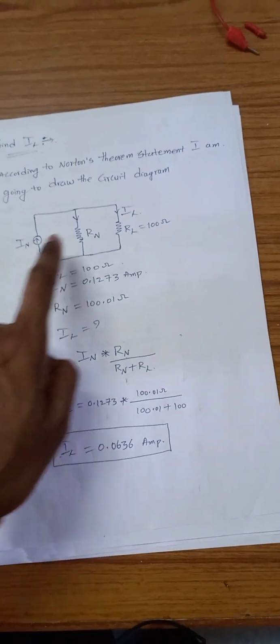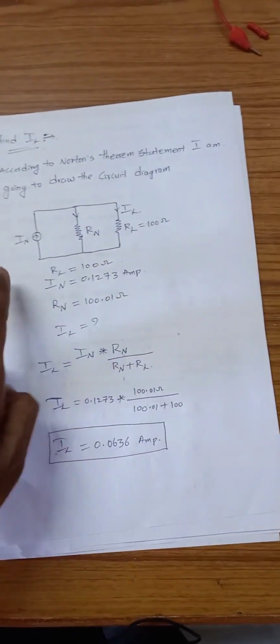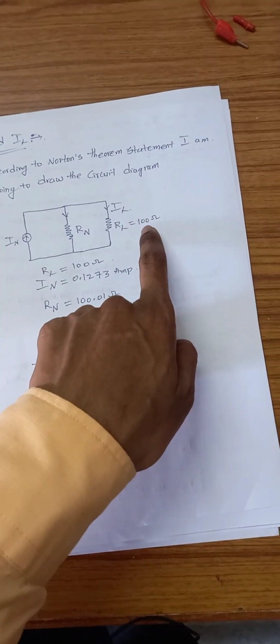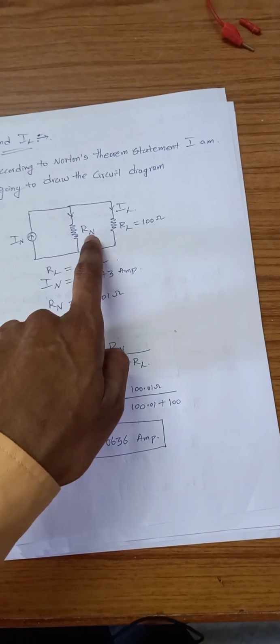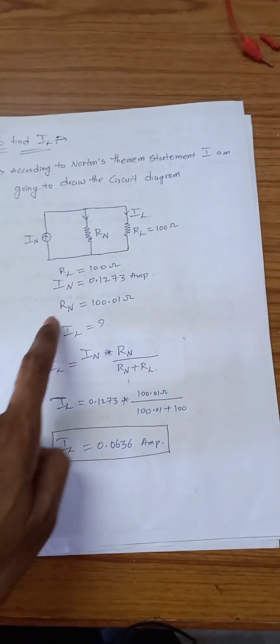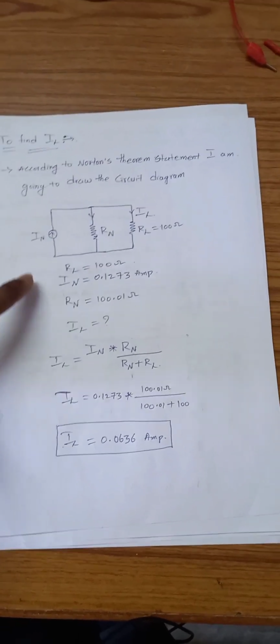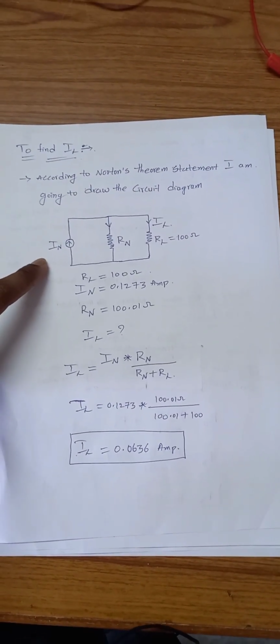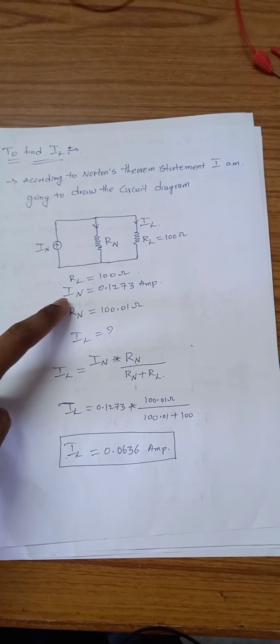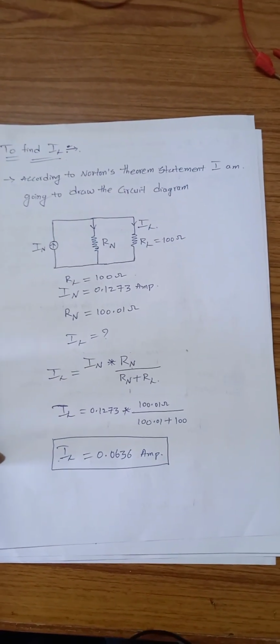That diagram only I have drawn here. So IN, Rn and RL. RL is already given in the circuit as 100 ohms, and Norton's resistance we calculated previously. That Norton resistance is 100.01. Norton current we have also calculated, that Norton's current is 0.1273 amperes.